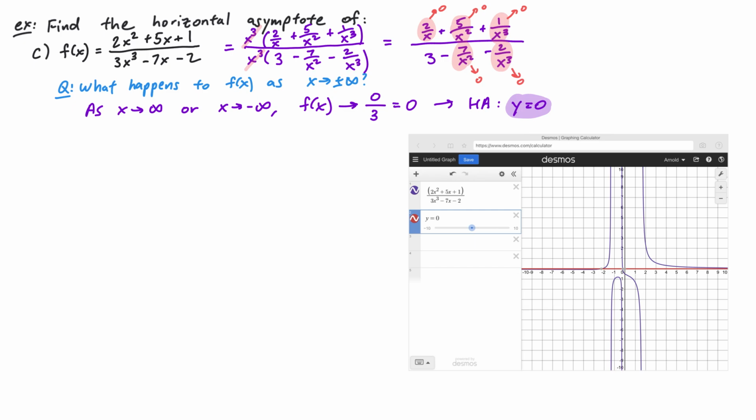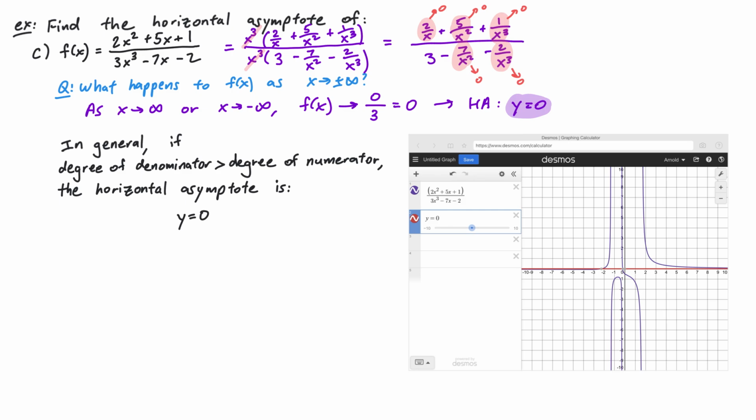And so as x gets larger and larger, the numerator will all go to 0, and what's left in the denominator will be the leading coefficient. And so your output will go to 0 on top and something that's not 0 in the denominator. And 0 divided by something that's not 0 is equal to 0. That's why in these situations, the horizontal asymptote is going to be the x-axis or the line y equals 0.